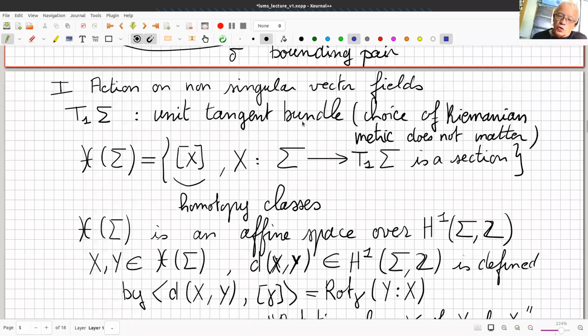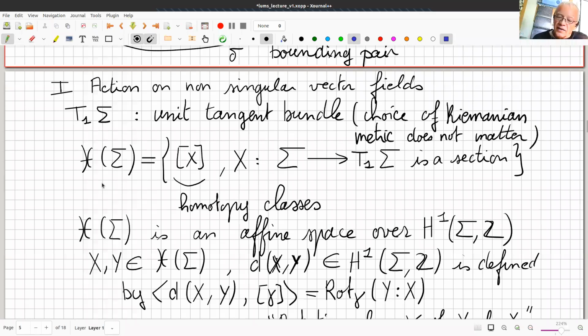It's a three-dimensional manifold with a map to the surface and a fiber, which is the circle. And a vector field, I will take a unit vector field. If I start with a non-singular vector field, I normalize it so that it's a unit vector field.